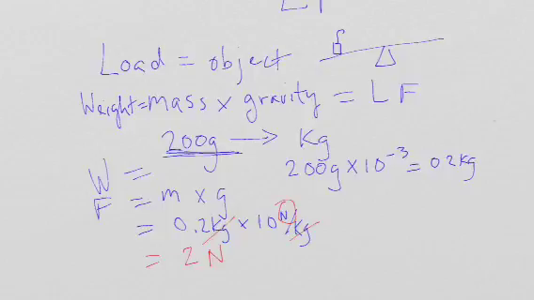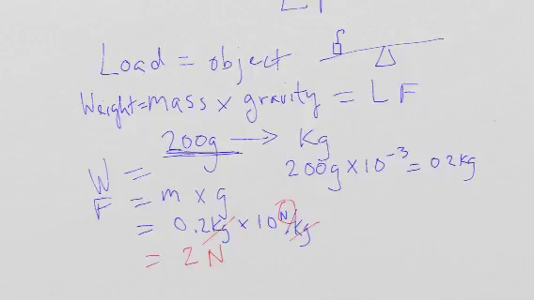My effort force is going to be measured using a spring scale. Remember I had you drag masses along different surfaces and you were reading the spring scale? You were measuring the effort force required to move it across that surface.